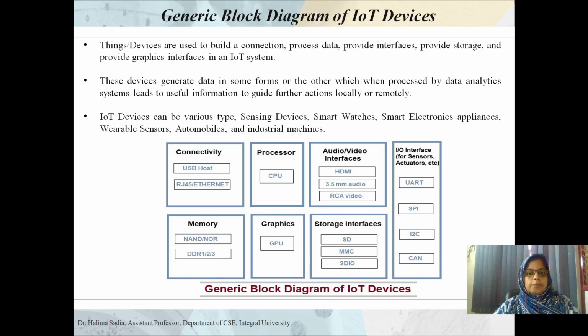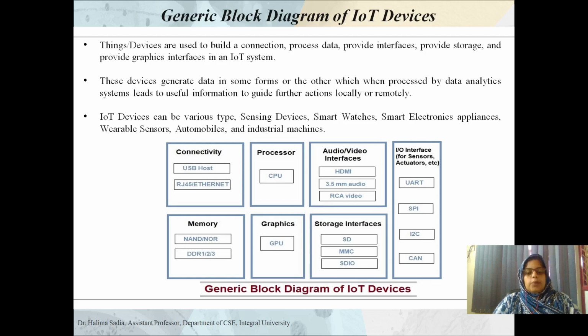Now, these cloud-based servers are available for the IoT systems. These are high-end servers. They collect all the information from the sensors, and then these cloud-based servers are responsible for using data analytics to convert this information into meaningful results.